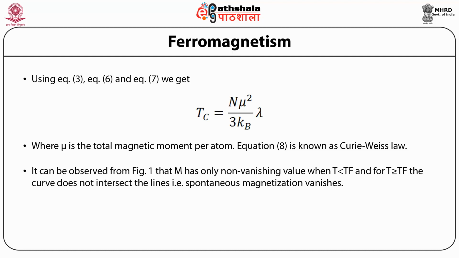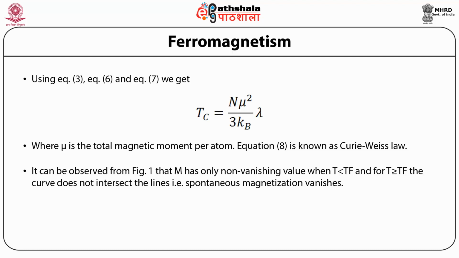From figure 1, M has a non-vanishing value only when T is less than T_C, which is linked with the spontaneous magnetization. So for spontaneous magnetization, T must be less than T_C. For T greater than or equal to T_C, the curve does not intersect the line, so the spontaneous magnetization vanishes.